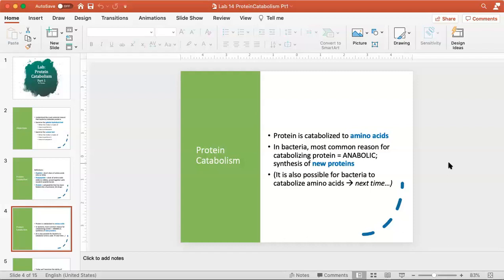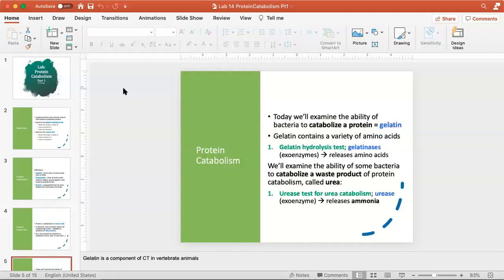In other words, to break the protein first into its amino acids and then further break down the amino acids. We're going to talk about that process later in the week. But today we'll focus on that first most common thing that microbial cells do with proteins, which is catabolize them into amino acids.